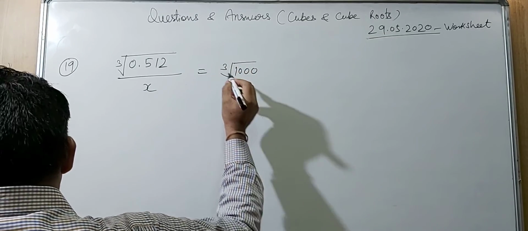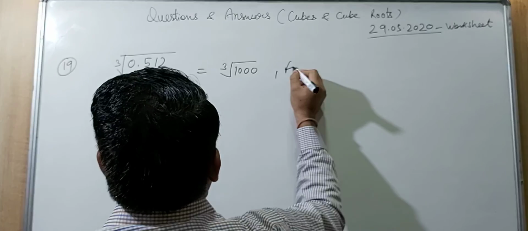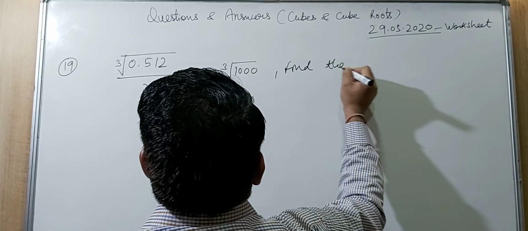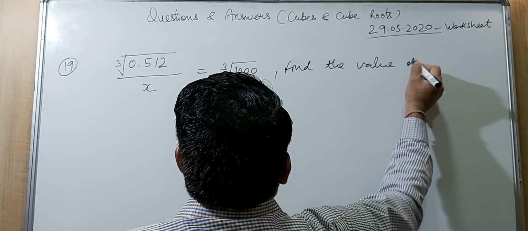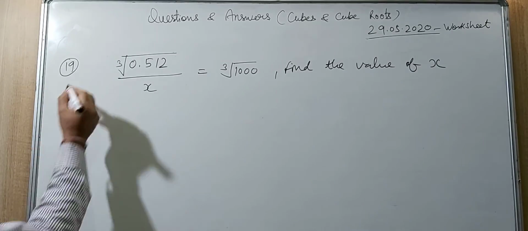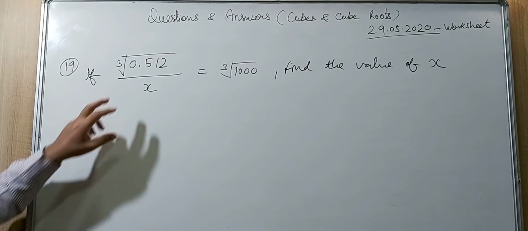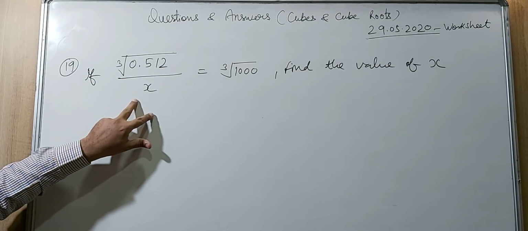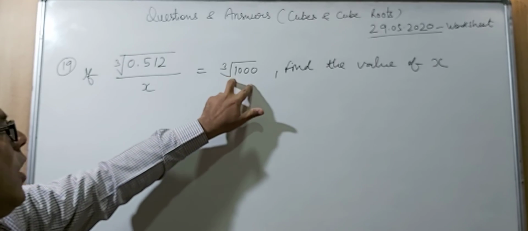Although it was a simple question, the question was, this relation is given: if the cube root of 0.512 by x equals the cube root of 1000, then find the value of x.